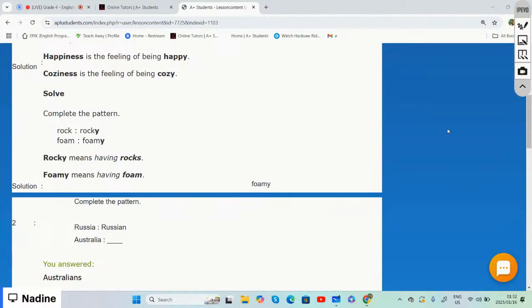All right, so basically this gives us an indication that the words are similar, especially when it comes to word patterns.